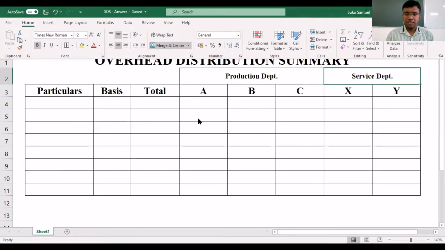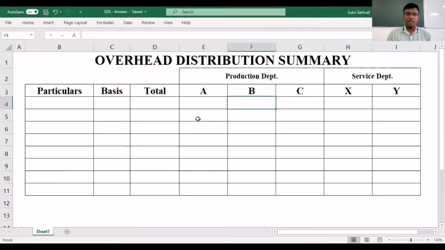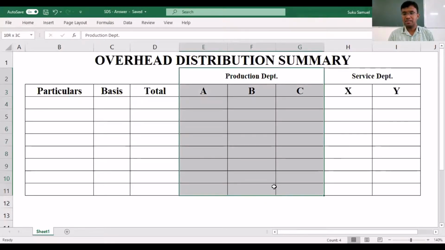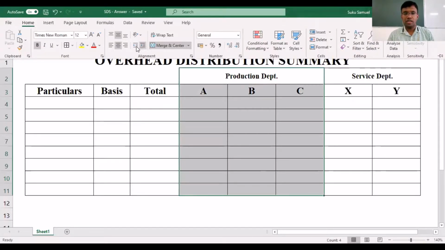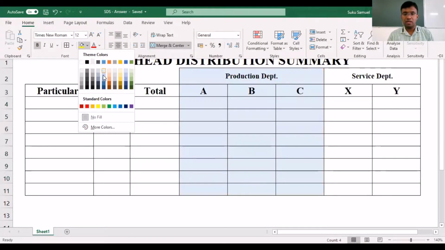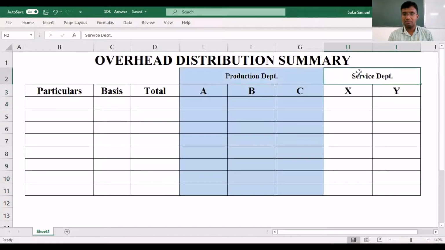Okay, so please remember, these are the columns that we will be having. In particulars, we will be writing down the name of the expense. Basis would be on what grounds we are apportioning. Total would be the total expense that needs to be apportioned across the 5 departments, and then we have the names of the departments. We are already aware that A, B, and C are production departments, which means they are revenue generating departments.